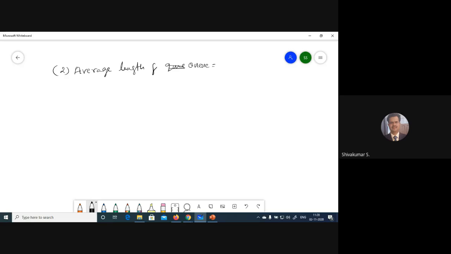The Q length LQ is equal to lambda by mu into lambda by mu minus lambda.